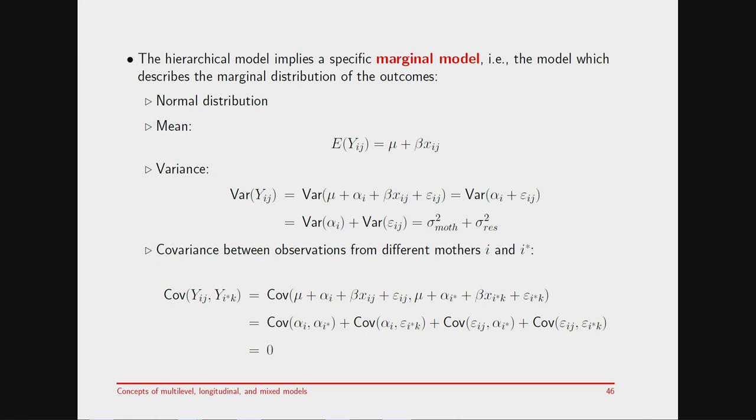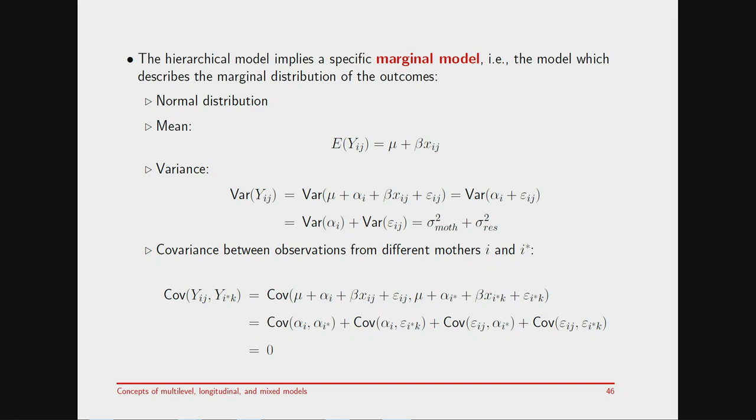And that's the nice thing about these mixed models: the average, which is often of primary interest, the average trend or the average effect in a population, is directly seen by just looking at the fixed effects. If I want to know the average for the males, it's mu, because x is then 0. If I want to know the average for the females, it's mu plus beta, because then x is equal to 1. The variance is the calculation I just explained, so it's the sum of the two variances.